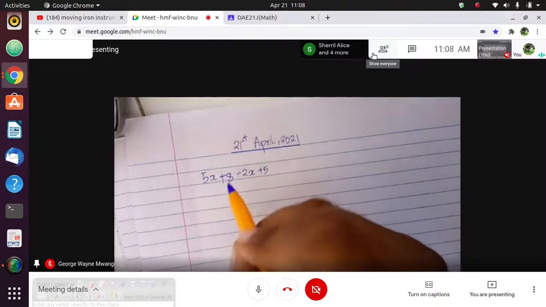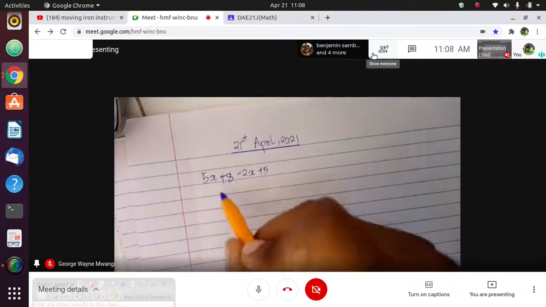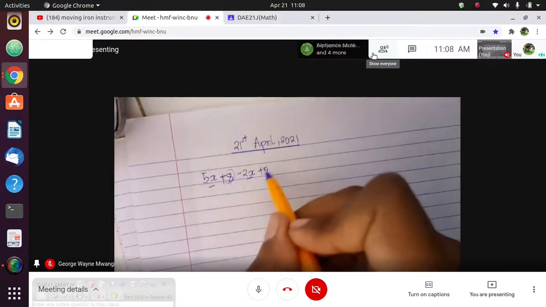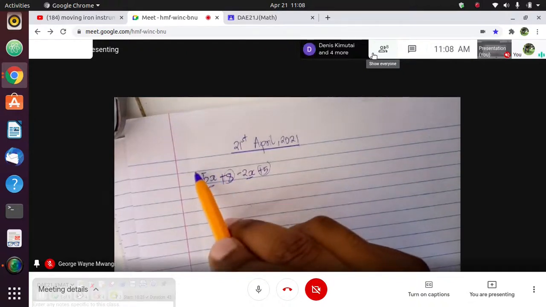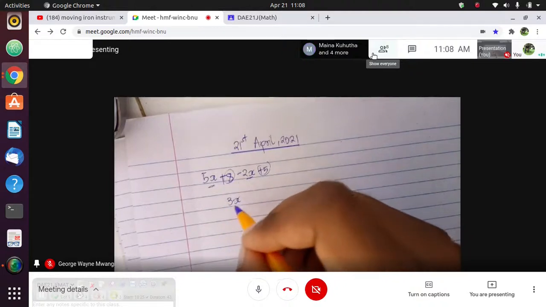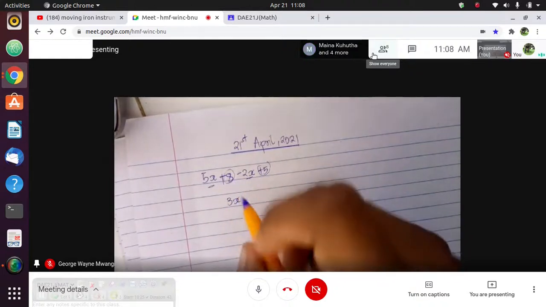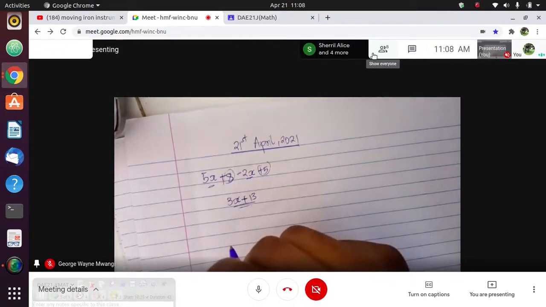This is a very simple expression. Tumeambia to simplify. We have variable x and we have constants 8 and 5. So you collect the like terms. So when you collect the like terms, the variables 5x and 2x, utapata 3x. 8 plus 5 utapata ngapi? 13. When you're told to simplify that expression, it is basically collecting the like terms.